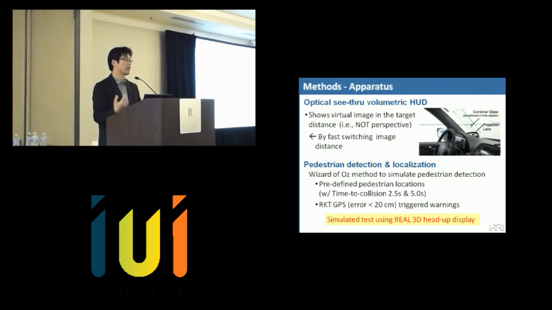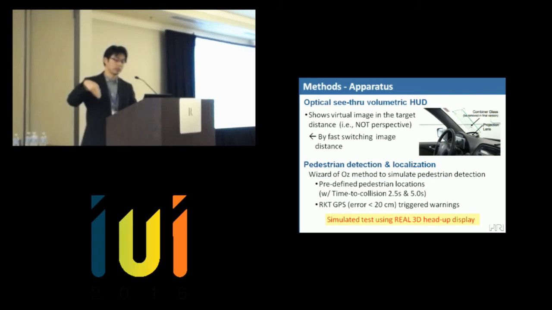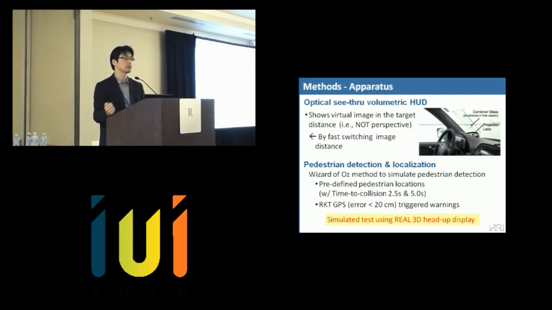And we used a very accurate GPS, whose error is usually less than 20 centimeters. We triggered the warning when the car passed specific points, and we conducted a simulated test using this real 3D heads-up display.